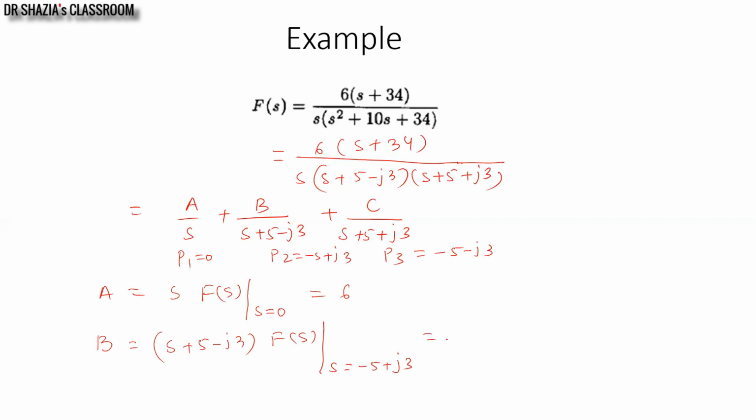The value which you are going to generate is 29 plus j3 by minus of 3 minus j5, or if I further simplify, we are going to generate minus of 3 plus j4.